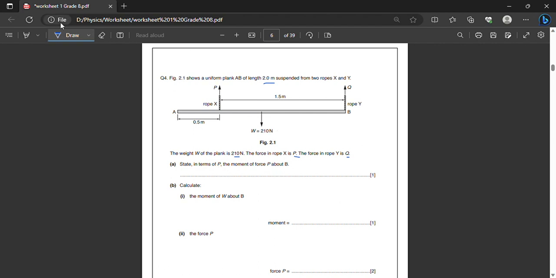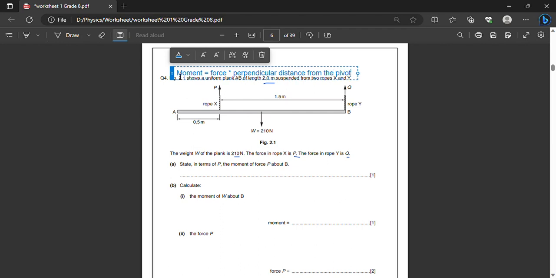We all know that moment is equal to the force times the perpendicular distance from the pivot. This is the equation.